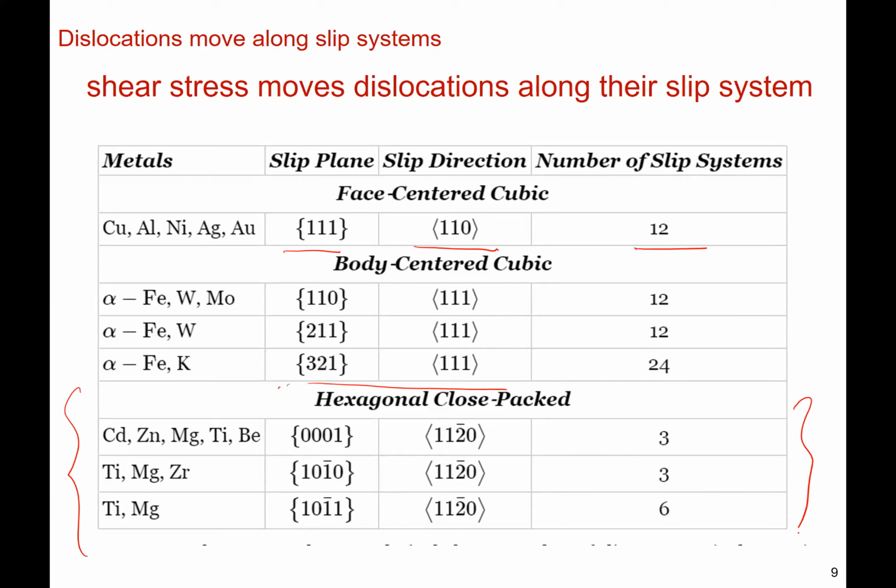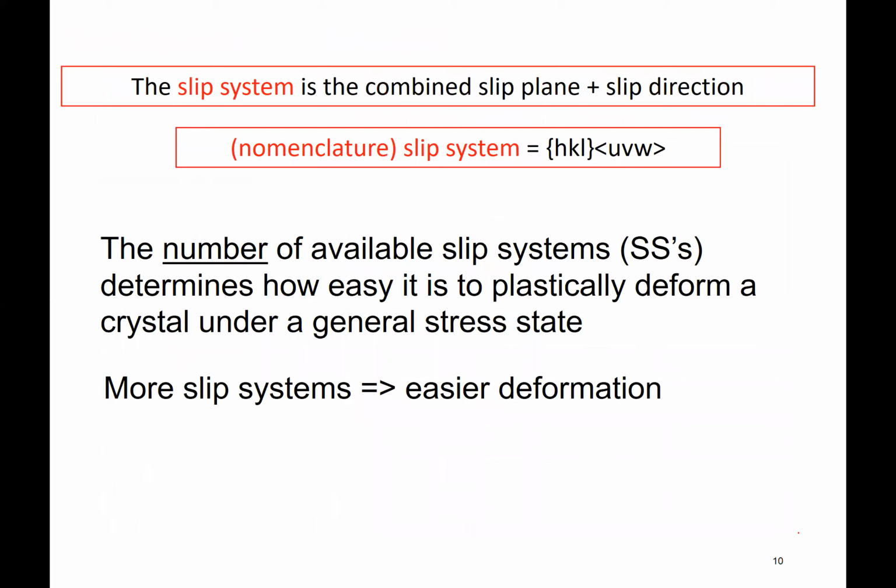So we won't talk about the slip planes and slip systems in HCP materials for this course. So that is a notation. When you talk about a slip system, you must provide a plane and you must provide a direction. And if you have more slip systems, your material is going to be easier to deform. Okay.